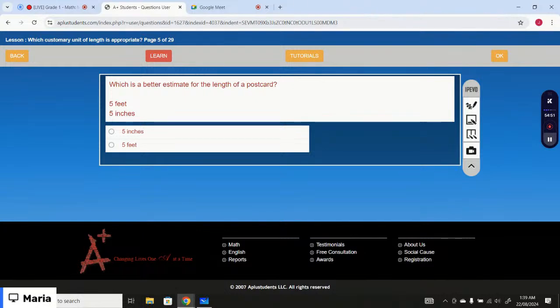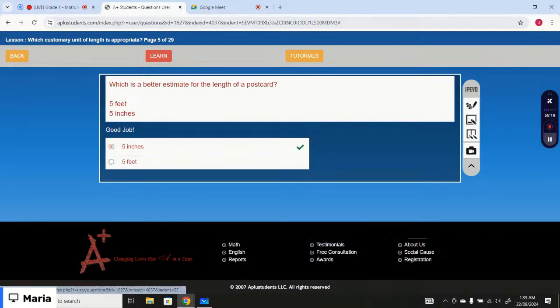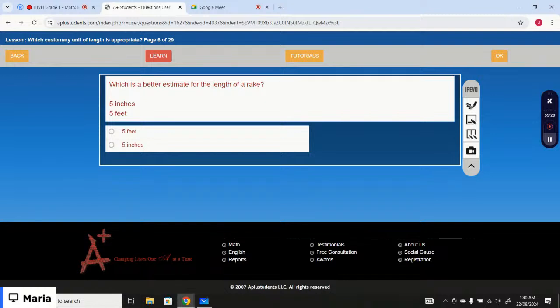Which is a better estimate for the length of a postcard? 5 inches or 5 feet. Which is the correct option? That is the length of the postcard, right? So it must be 5 inches, because 5 feet is too much for the length of a postcard.